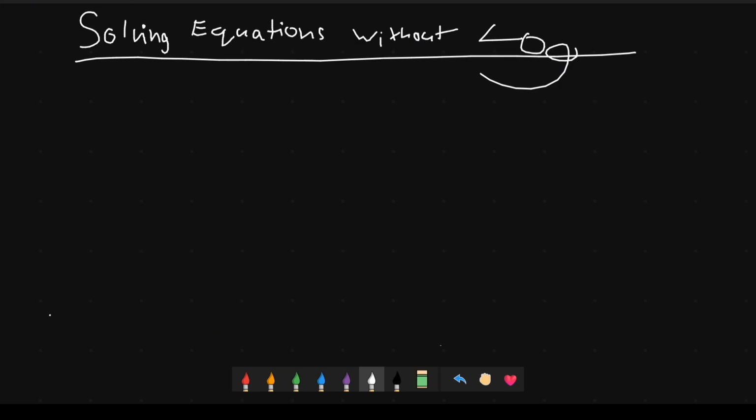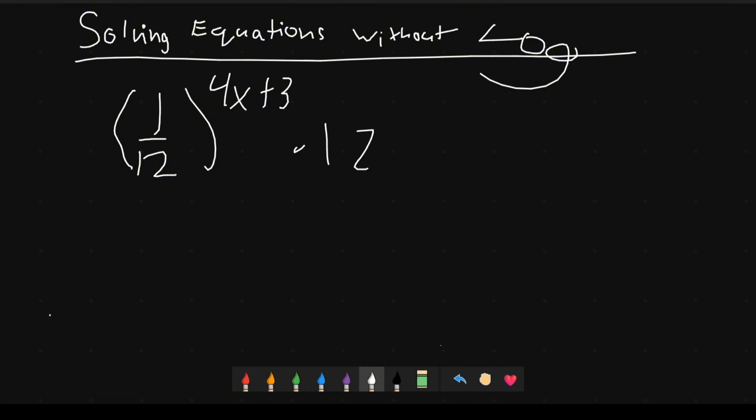The last problem I want you to try for your practice is 1 over 12 to the exponent of 4x plus 3 times 12x squared equals 12 to the power of 2x plus 13.